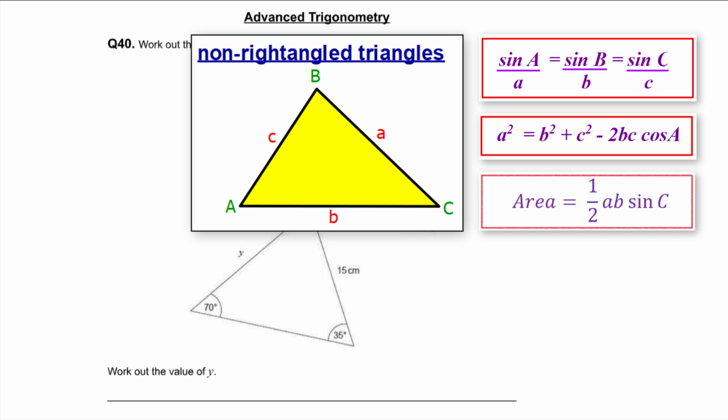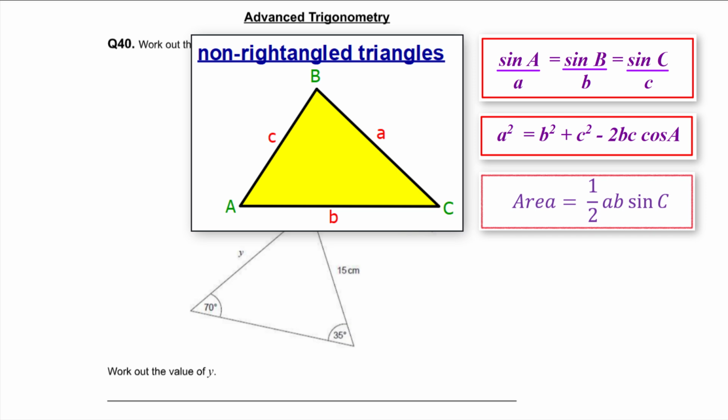Okay. So just a slight difference between non-right angled trigonometry and right angled trigonometry. With a right angle triangle, you only need to know 2 other things, don't you? You need a side and an angle to use one of the trigonometric ratios, or you need 2 sides to use Pythagoras' theorem. With the sine rule and the cosine rule, and with the area formula, you need to know 3 things.